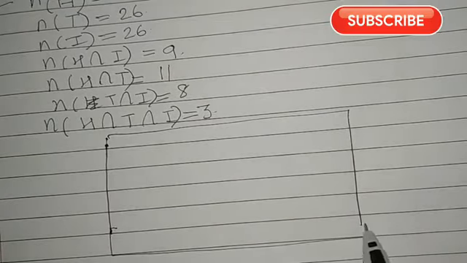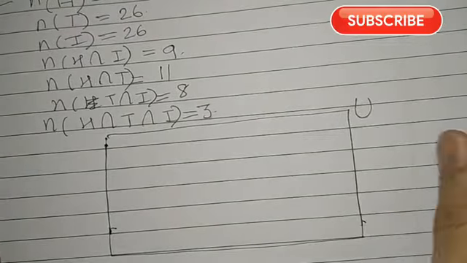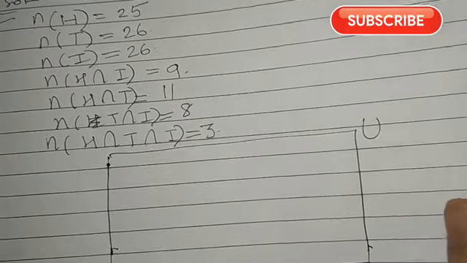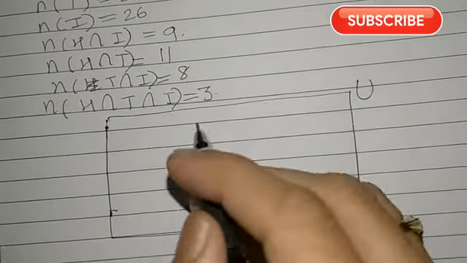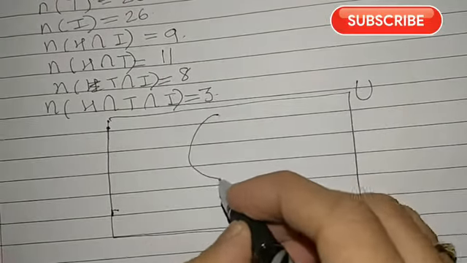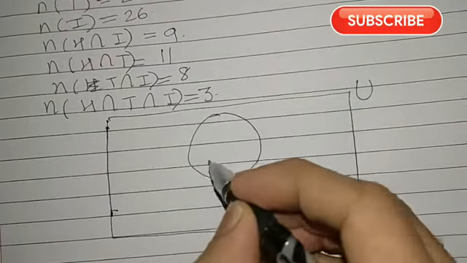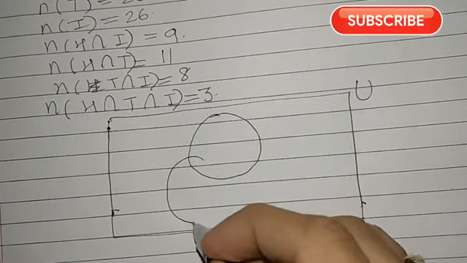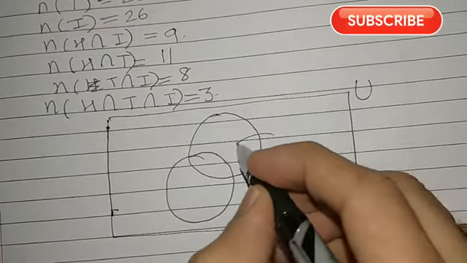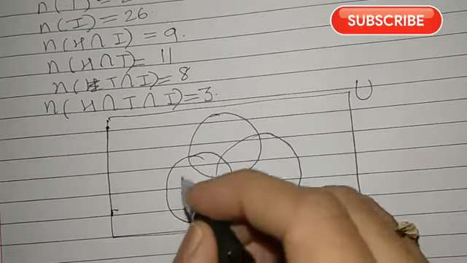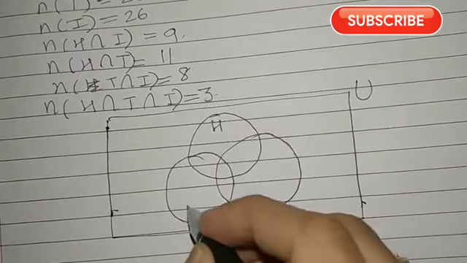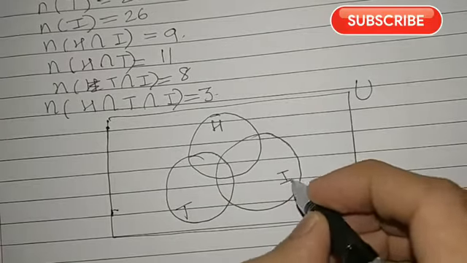You have to draw the universal set first, then the 3 sets here: H, then T, and also newspaper I.